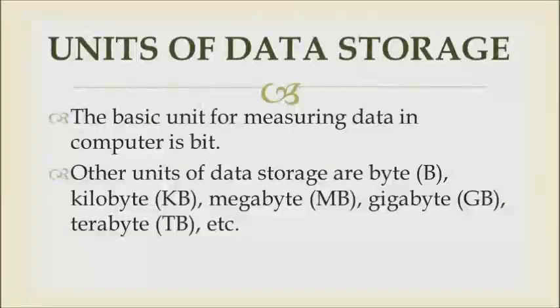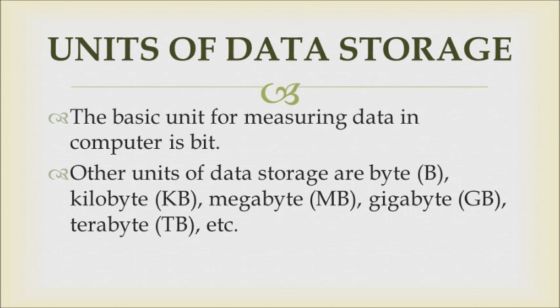Units of data storage. The basic unit of measuring data in computer is bit. However, a bit is just one signal. A basic character in computer, such as 0, 1, 2, 3, 4, A, B, C, D, hash, star, at, caret, is stored with 1 byte.